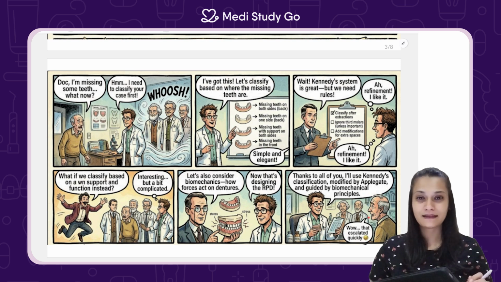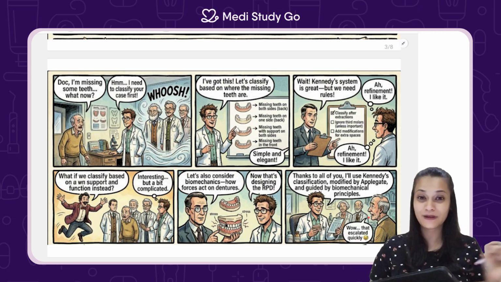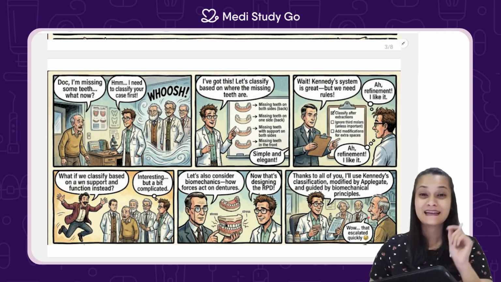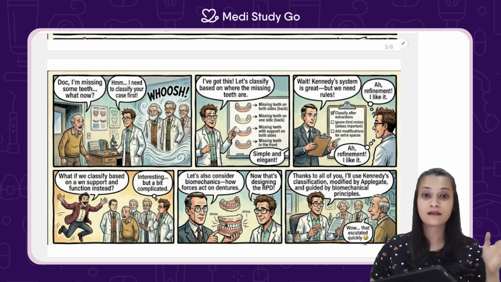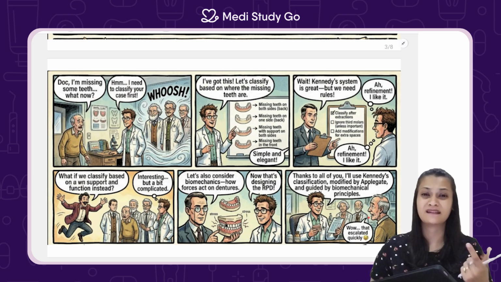Do you remember back in the days when SMS used to cost us? It was just 160 characters that you can send over one text. Similarly, writing a big description of what is missing actually becomes a tedious job. At the same time, communicating with somebody, let's say the laboratory person, or if you are referring to some other dentist, it is so difficult when you say, this tooth from this side is missing and this space.